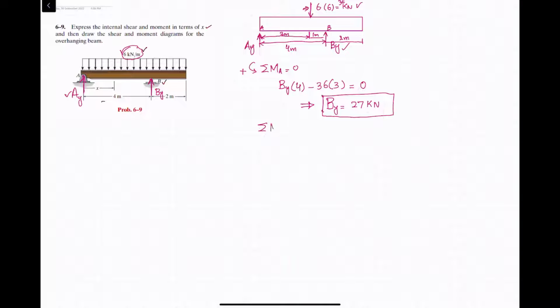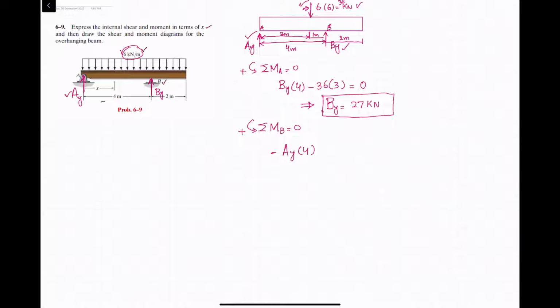Now we apply the second equilibrium condition that the sum of all moments about point B is equal to 0, taking the counterclockwise moment as positive. At point B, two forces are producing moment. One is AY and the second is this 36. We start from AY. So AY into perpendicular distance 4, which is producing clockwise moment, so it will be minus.